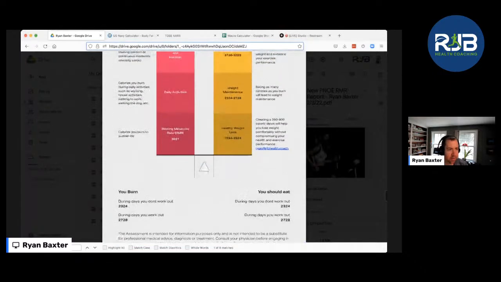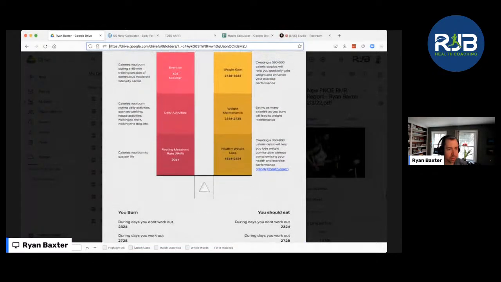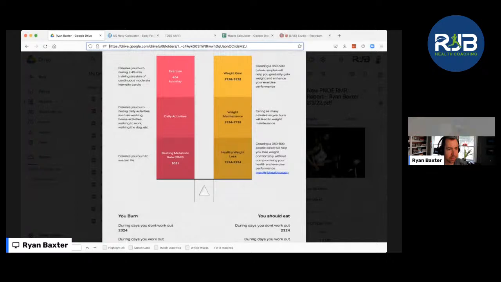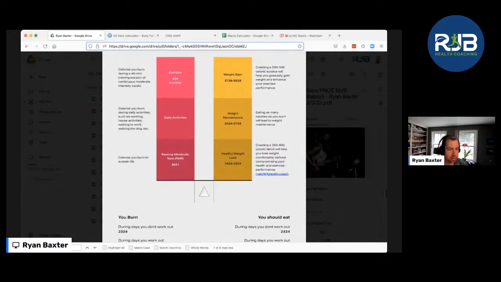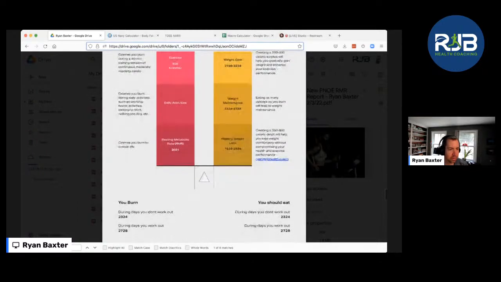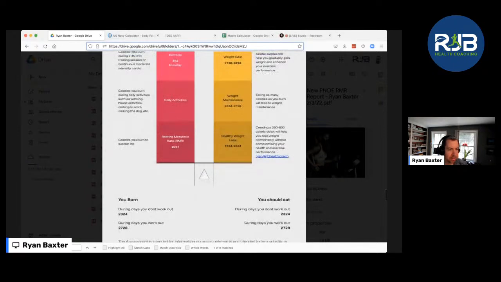Then if you add activity and exercise on top of that, it shows what your total caloric expenditure would look like. So my basal metabolic rate, if I literally just laid on the ground and didn't move for 24 hours, I'd burn 2,021 calories.